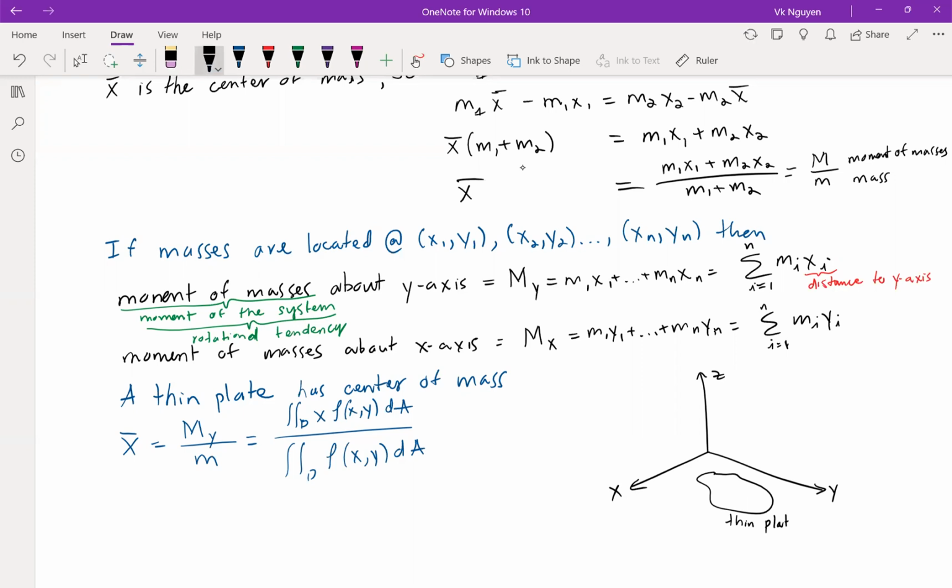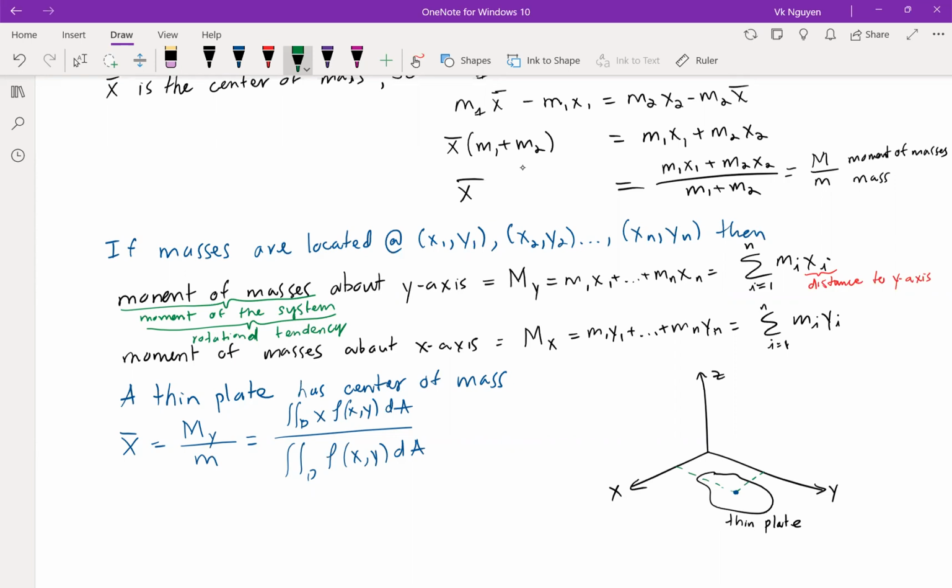For a sample mass, let's see, the distance to the y-axis is x. As you can see, this distance here is x. And the distance to the x-axis is y.